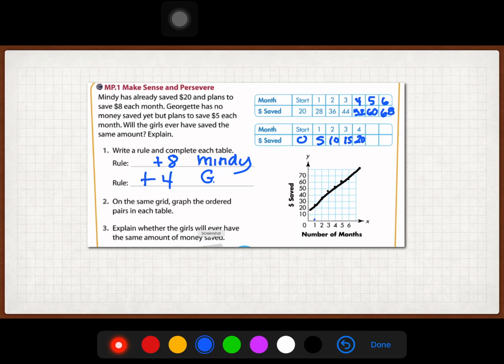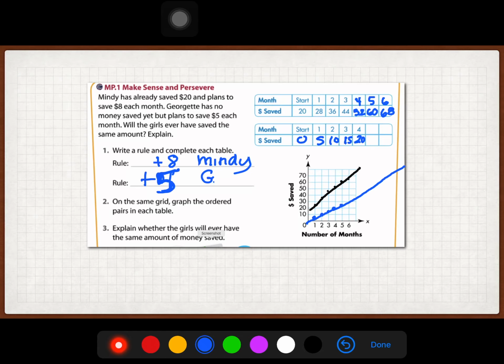At 1, she's at $5, which is about halfway. At 2, she's at 10. 3, 15. 4, 20. 5. I don't even need to go on because I can see her line's going to do this. I messed that table up. Hers is by $5. The table's correct, but I wrote that wrong.